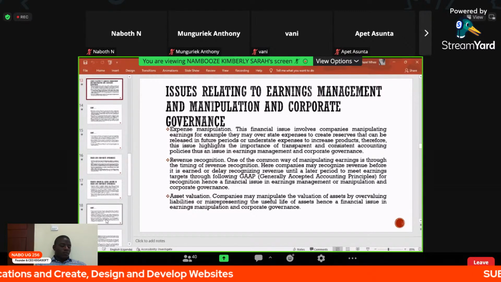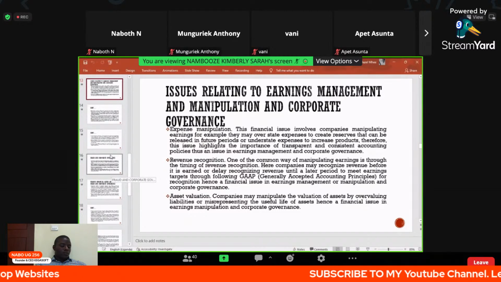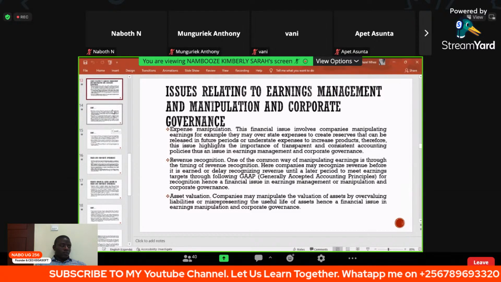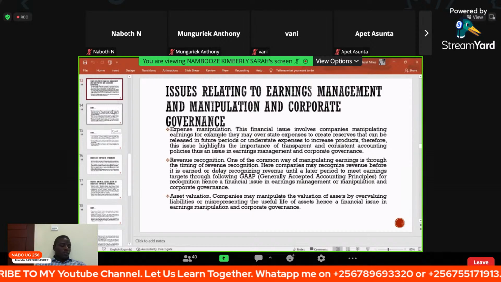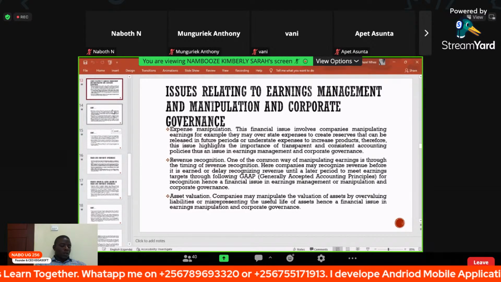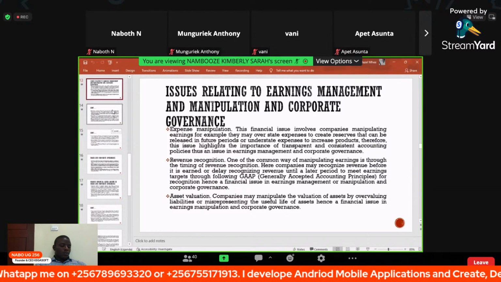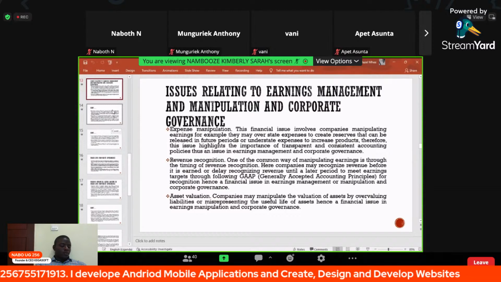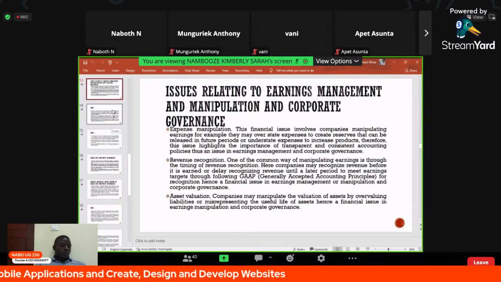Then asset valuation. Companies may manipulate the valuation of assets by overvaluing assets or misrepresenting the useful life of assets, hence a financial issue. Here, for example, if the company is selling cars, for example, Toyota, if someone comes to buy a car, it will say the depreciation period for this car is maybe 7 years.